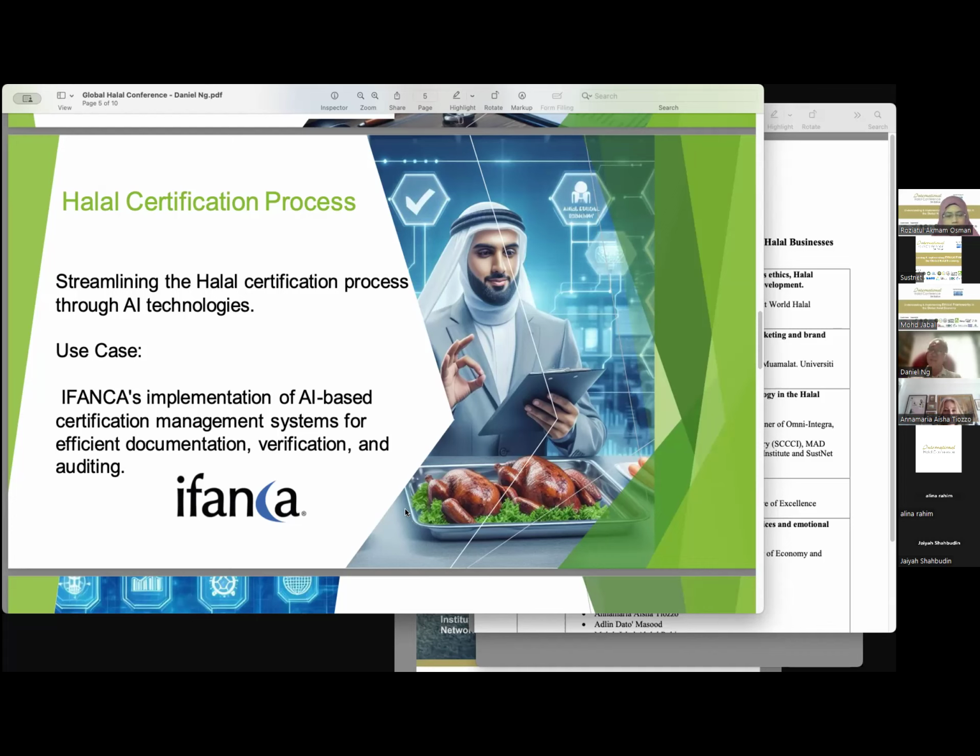So AI technologies such as machine learning algorithms can automate and streamline documentation, verification, and auditing processes involved in halal certification. Organizations like Ivanka have implemented AI-based certification management systems to streamline the halal certification process and uphold ethical and sustainable standards. Next slide, please.